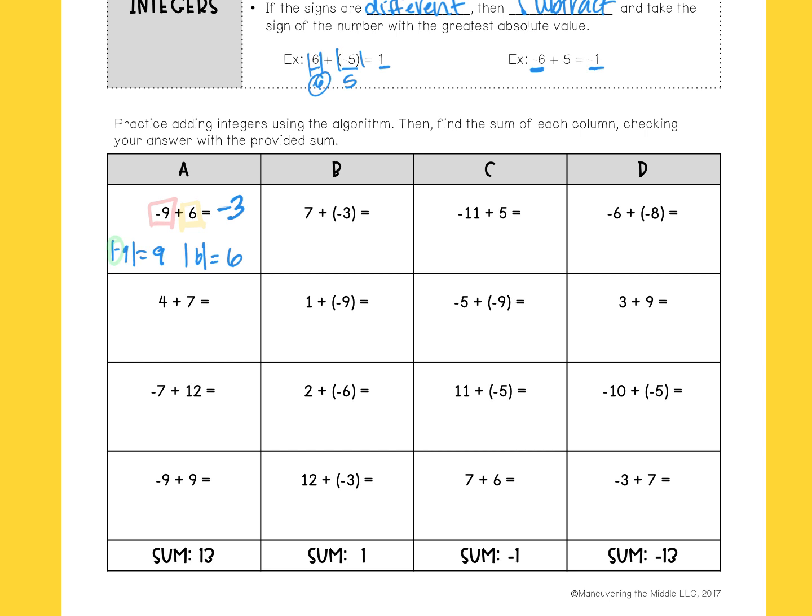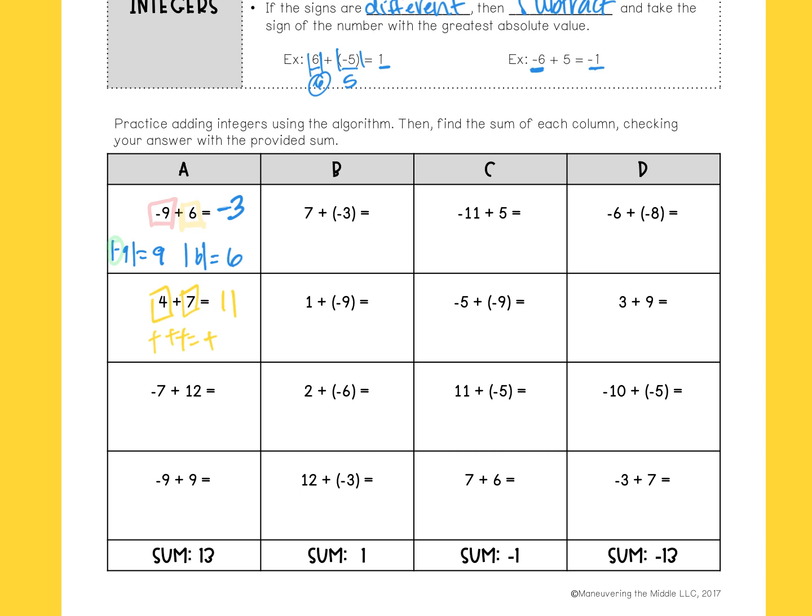Alright, so now we're going to do 4 plus 7. We know that 4 is a positive number, and 7 is a positive number, and we know that a positive plus a positive equals a positive. So 4 plus 7 is 11.